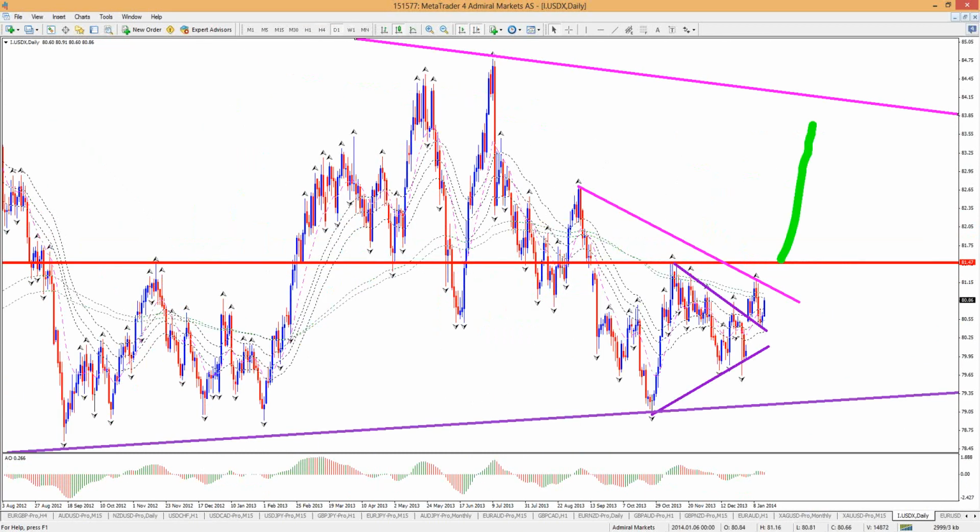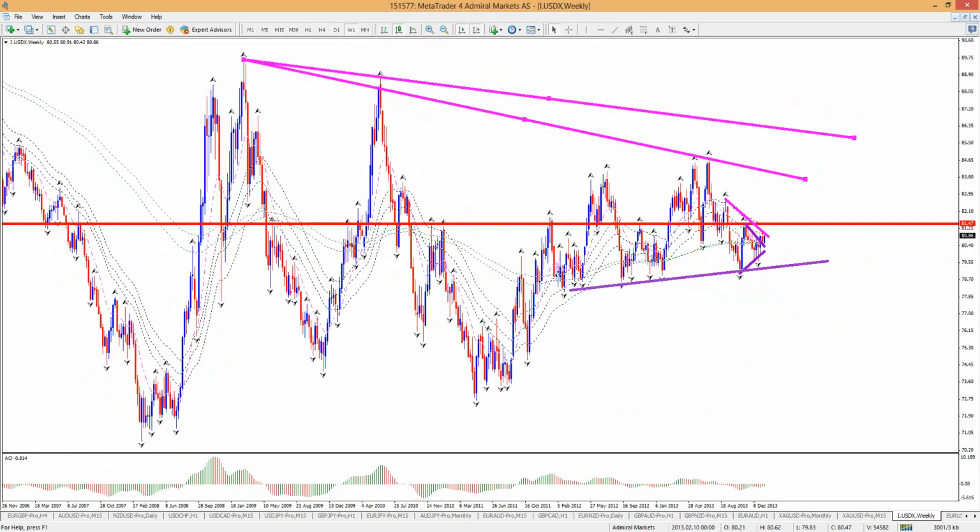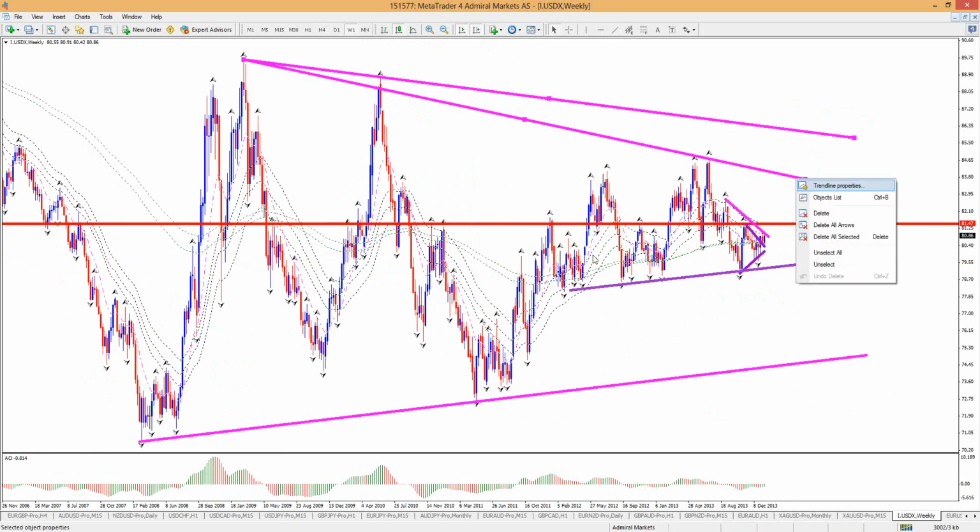So that could be a breakout up to that top of that triangle. So these are all smaller triangles, basically. We have a bigger triangle there. On the weekly chart, we also have a bigger triangle here and a bigger triangle line here. So we're definitely relatively stuck in triangles, as you can see.